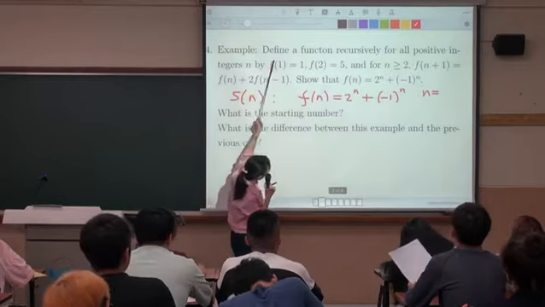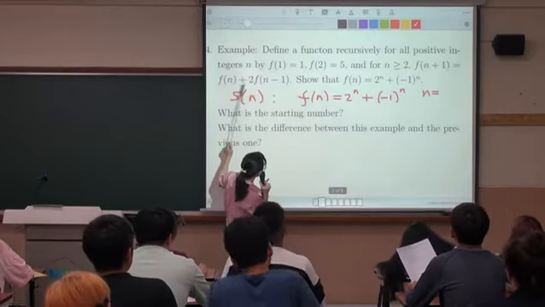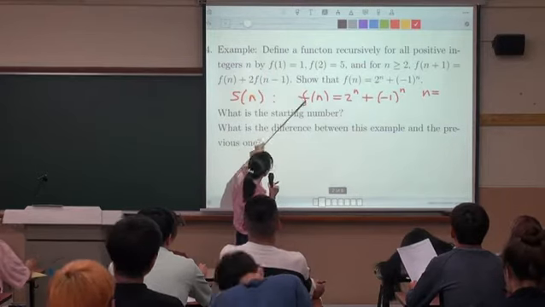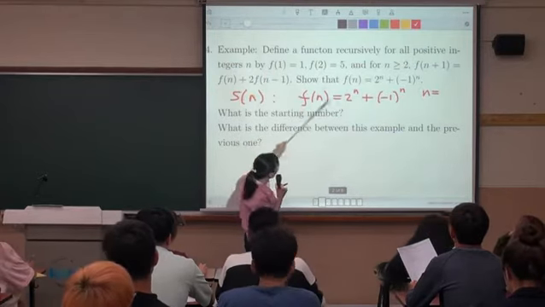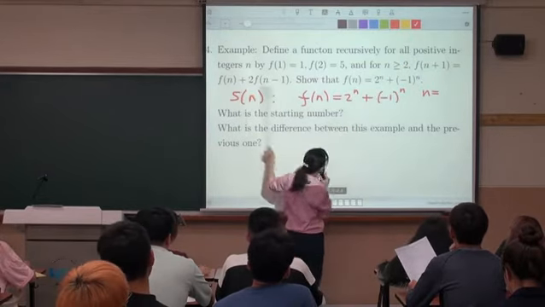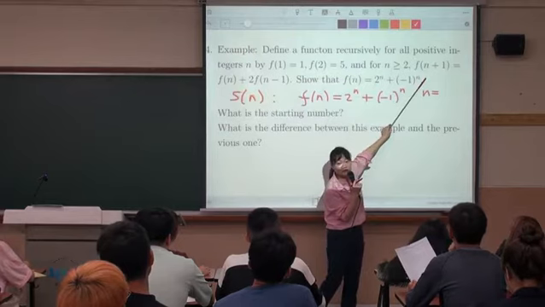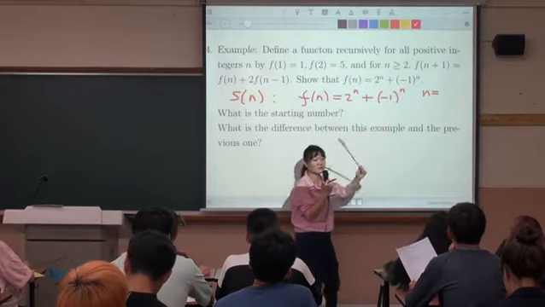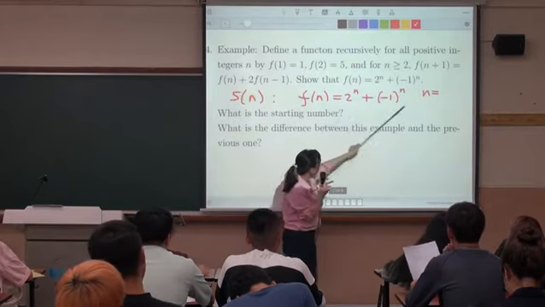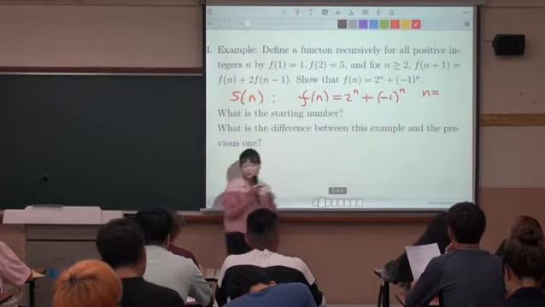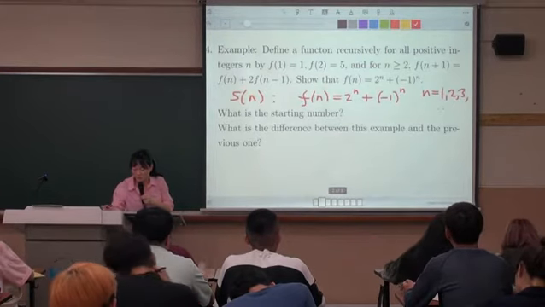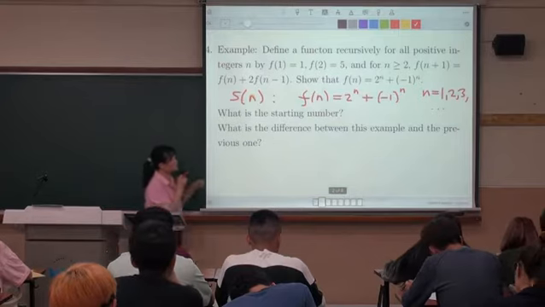Define a function recursively. So this function is defined at 1, defined at 2, and from n equals 2, this equation defines f of 3. So it is defined for each integer n, and we have to show that this formula is true for every positive integer.